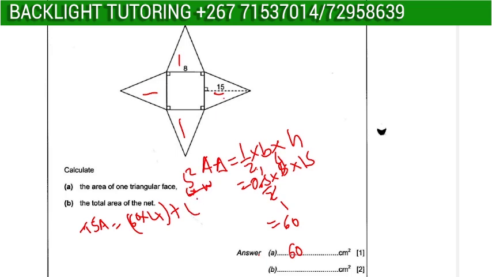Then 8 squared. 240 plus 64. You add this together, 304.